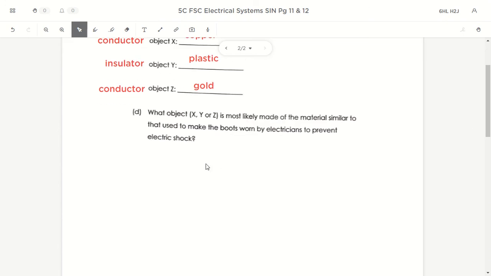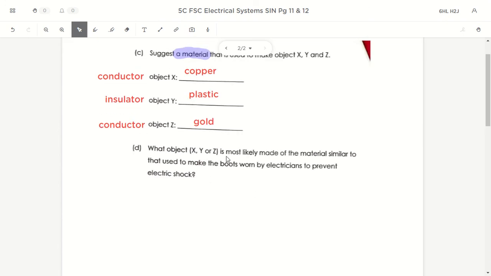Right. So what object, X, Y, or Z, is most likely to be made of the material similar to that used to make boots worn by electricians to prevent electric shock? If I want to prevent myself from being shocked, should I wear a material that is an insulator or a conductor?